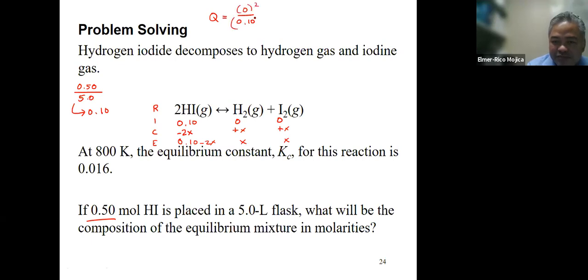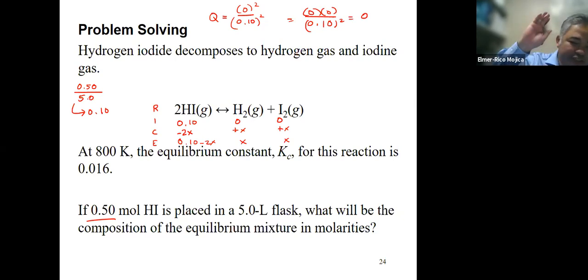Because this is what we have: 0 times 0 over 0.1 squared, because that's initially what we have. So the value that you have there is 0.